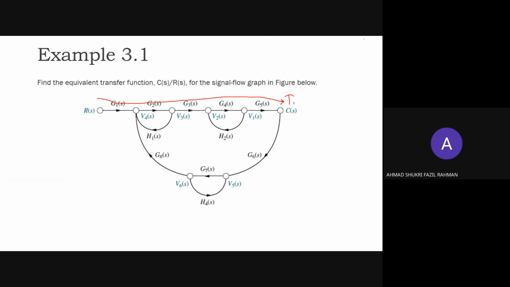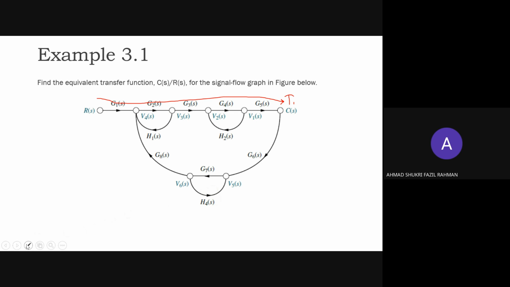Delta k is a loop that does not touch the path of T1. So based from this example, you can see from our observation that this is L1, L2, this is L3.